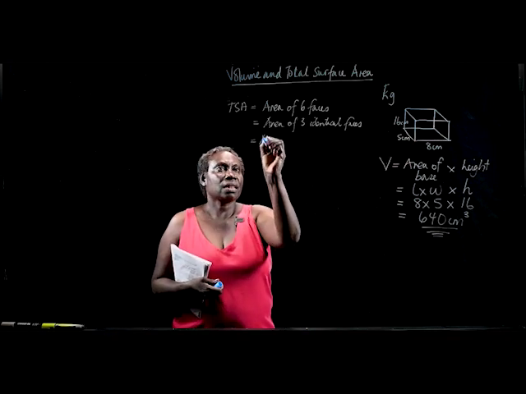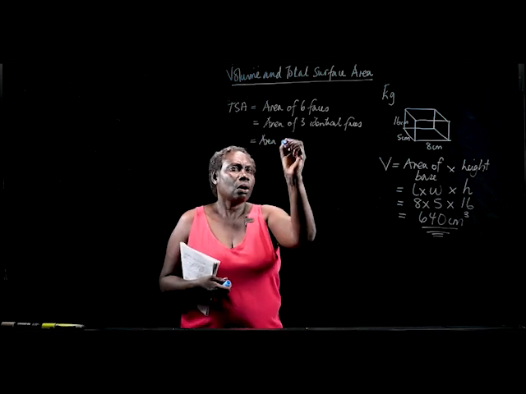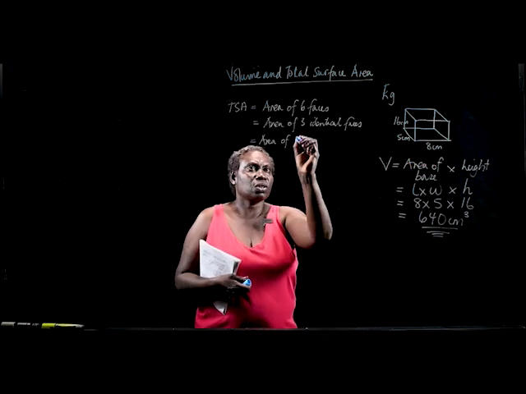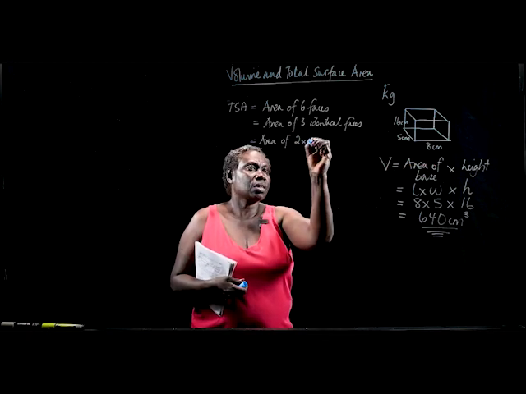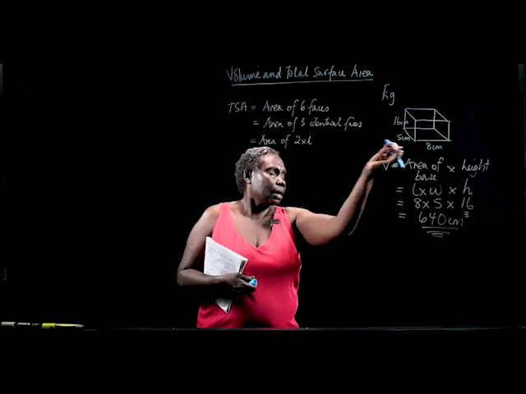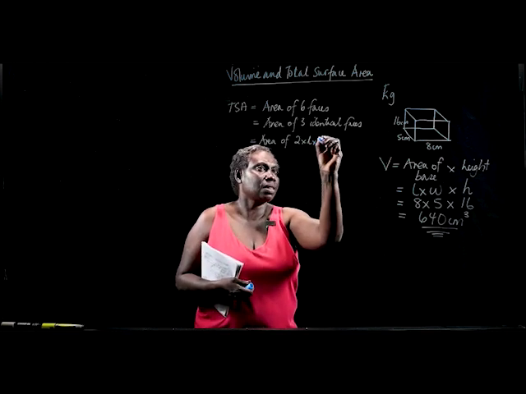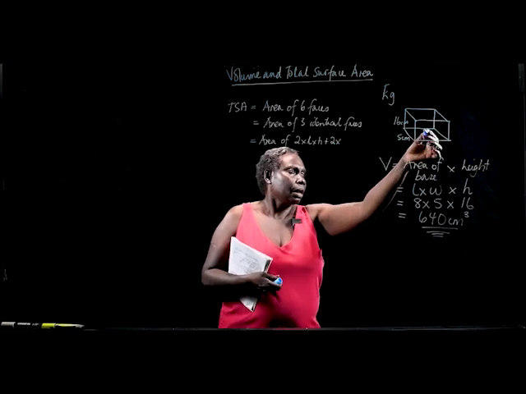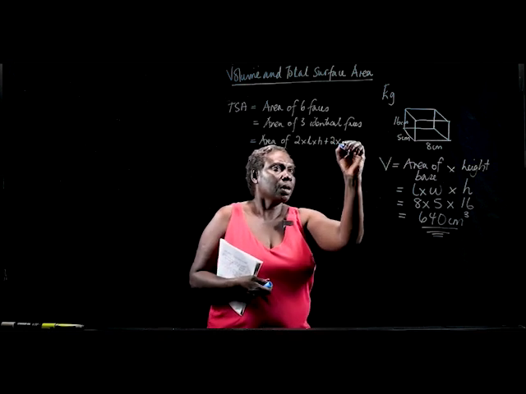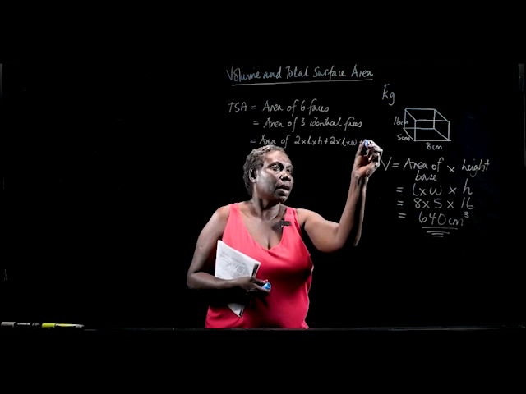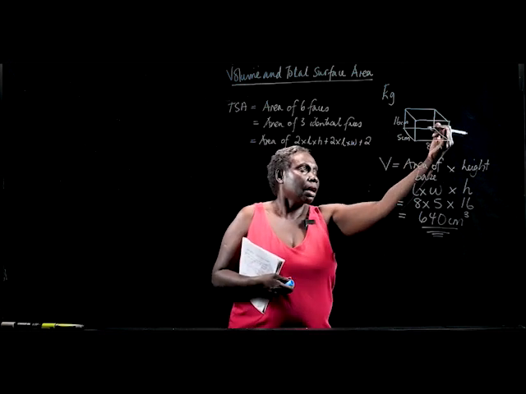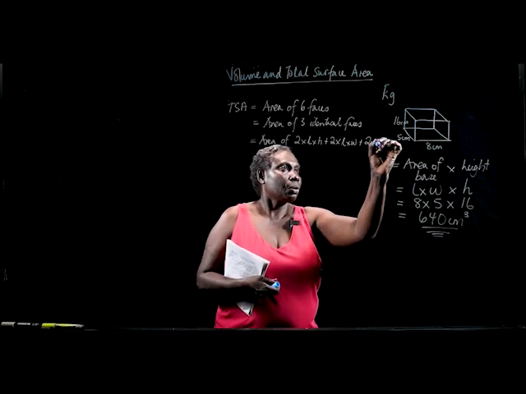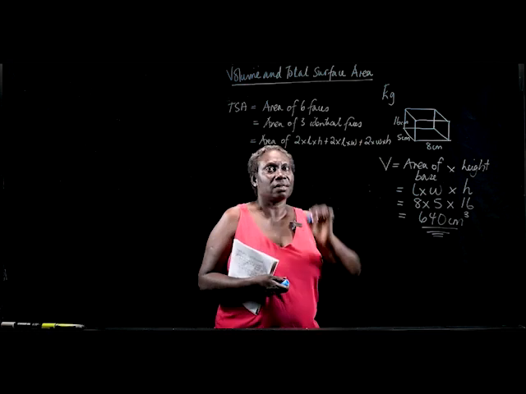So that gives us area of the front face, which is 2 times the length times the height plus 2 times the top and the bottom, length times the width plus 2 times the right and the left side, which is 2 times the width times the height.